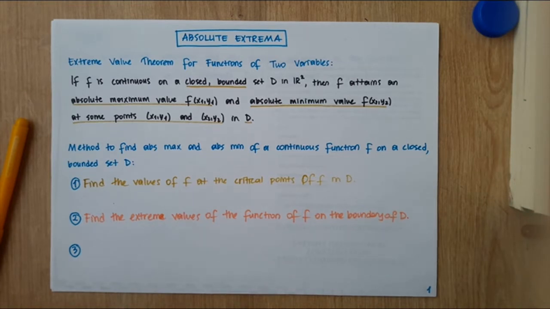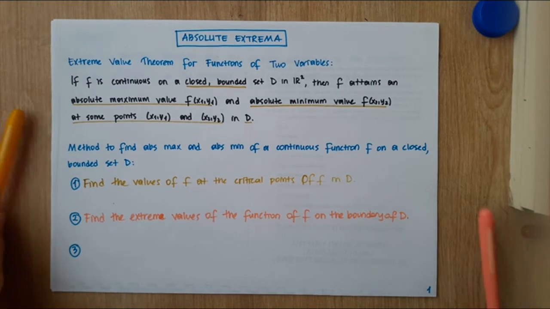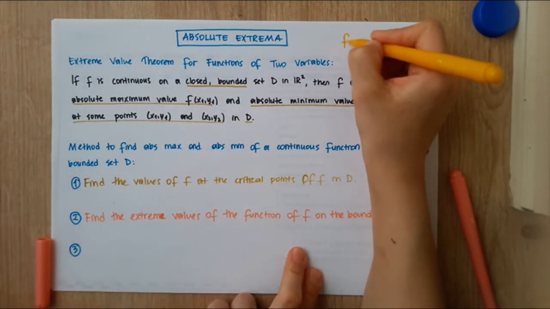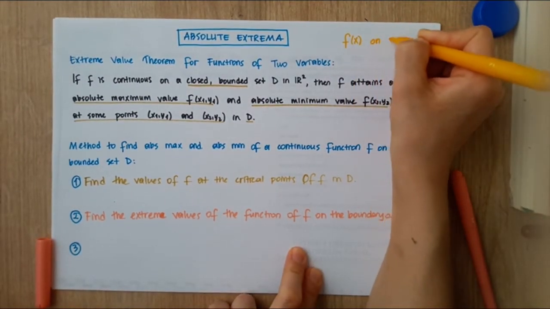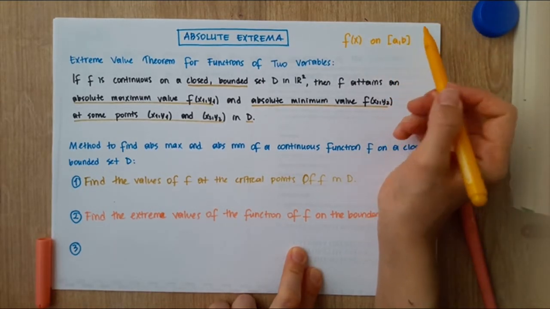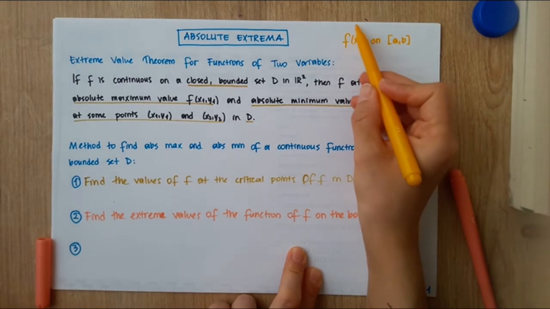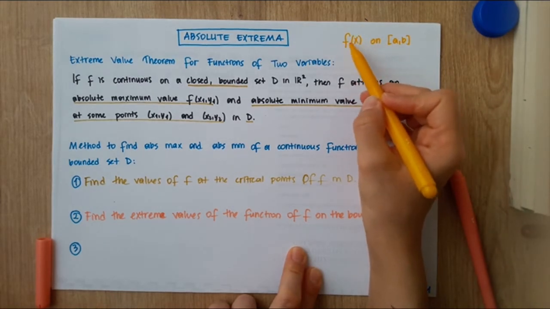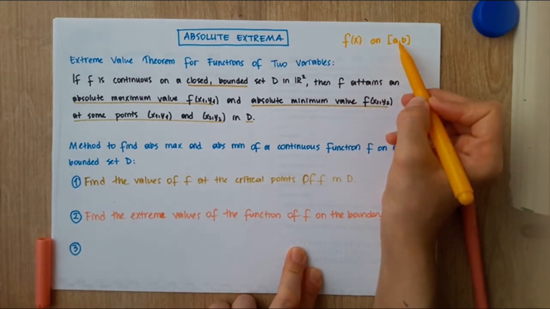Like in the single variable case. In the single variable case, we are given a function f of x and a closed interval, if you remember. And we try to find the absolute minimum or maximum of this function on this interval, right?